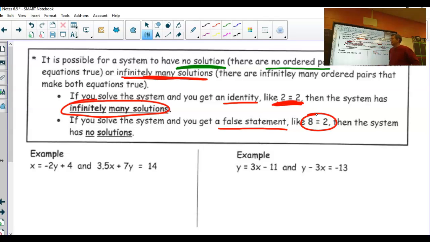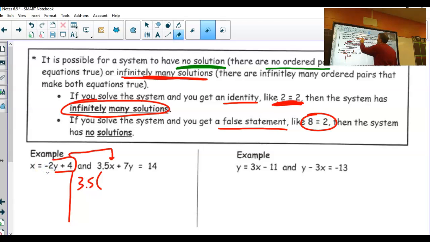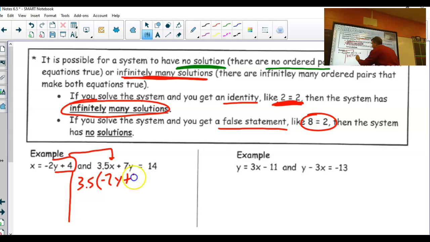So let's go ahead and see what would happen here. In this first example, I am taking what x equals and I am substituting it in for x. Instead of 3.5 times x, it's going to be 3.5 times negative 2y plus 4, plus 7y equals 14.